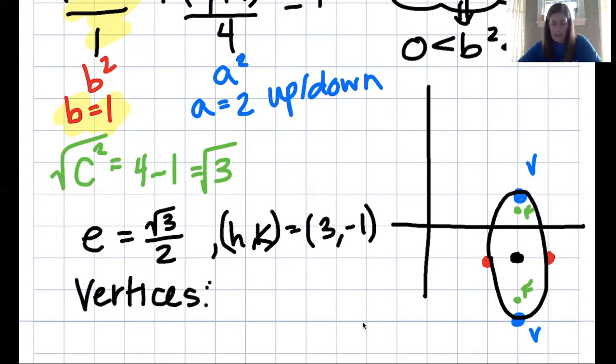So if you're going back to the origin, you're counting 1, 2, 3 to the right. And then to get to my vertex at the top, I would go up 1. So 3, 1. And go back to the origin. I'm going to count 1, 2, 3 to the right, and then I'm going down 3. So 3, -3.